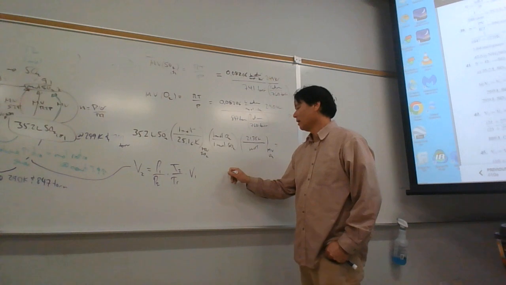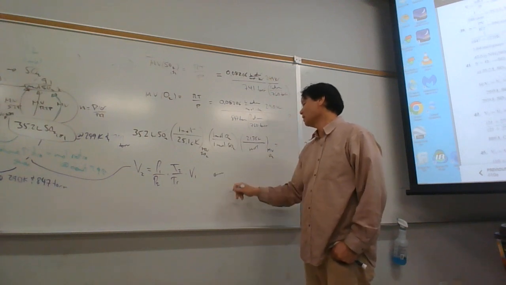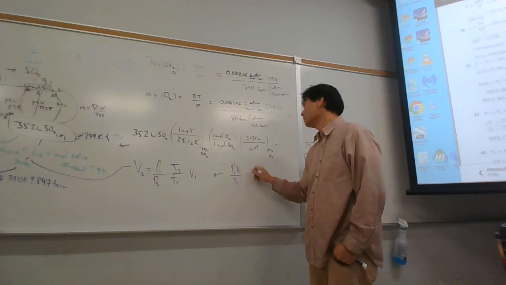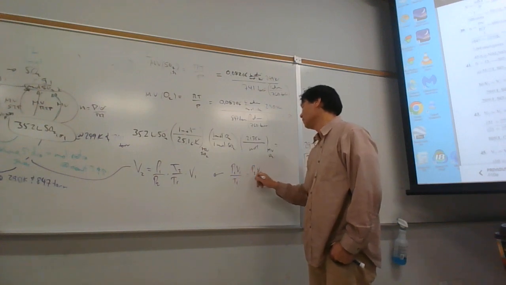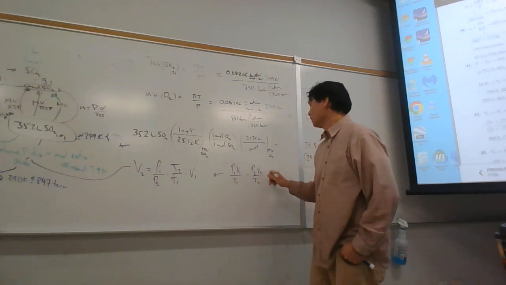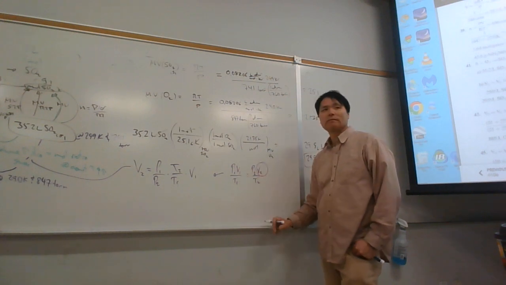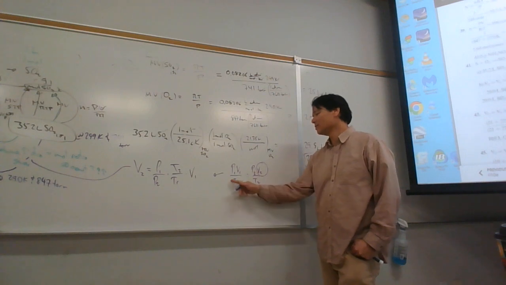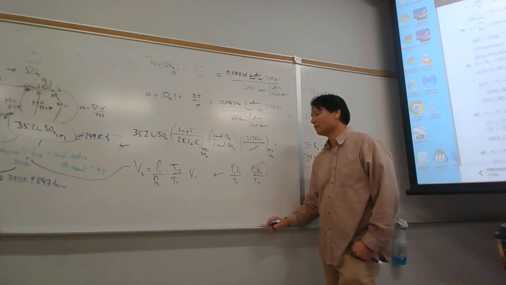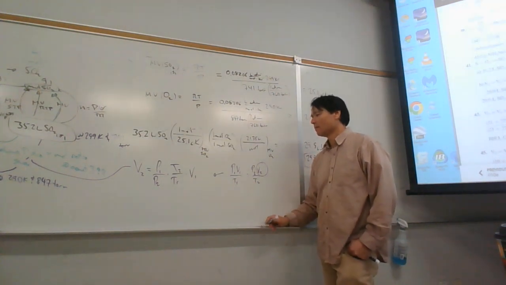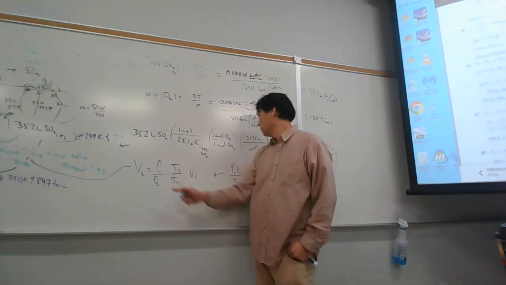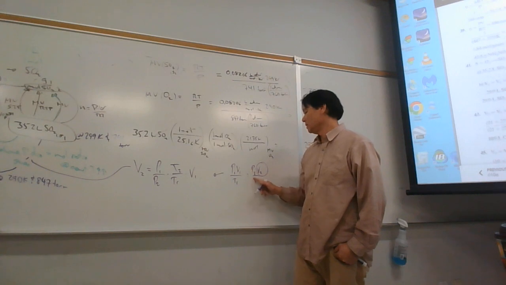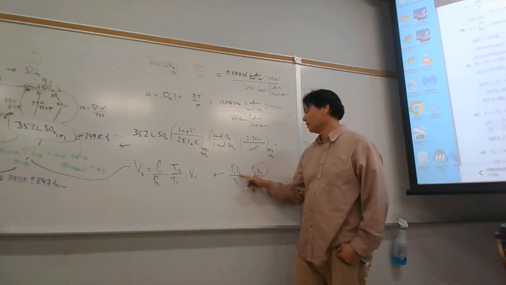In other words, this equation came from P1 V1 over T1 is equal to P2 V2 over T2. And then we just solved for V2. The number of moles didn't change, so the moles cancel out. And so V2 is equal to P1 over P2 times T2 over T1 times V1.